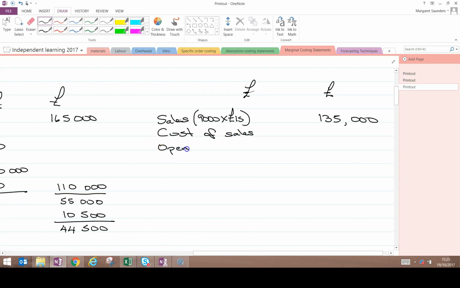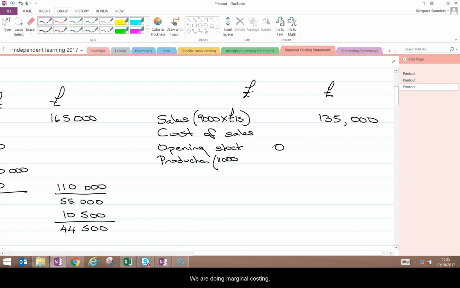Then we have the cost of sales: opening stock, zero, production, we produced 11,000 units.